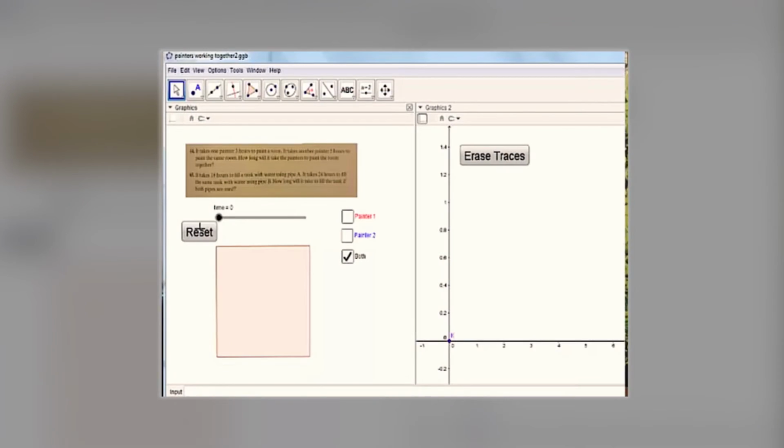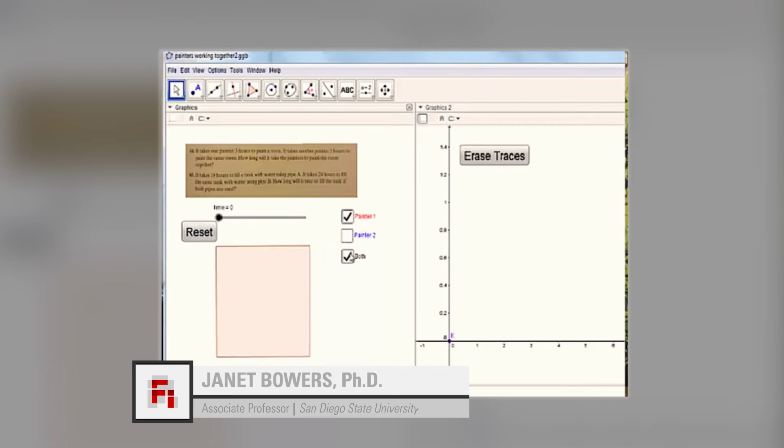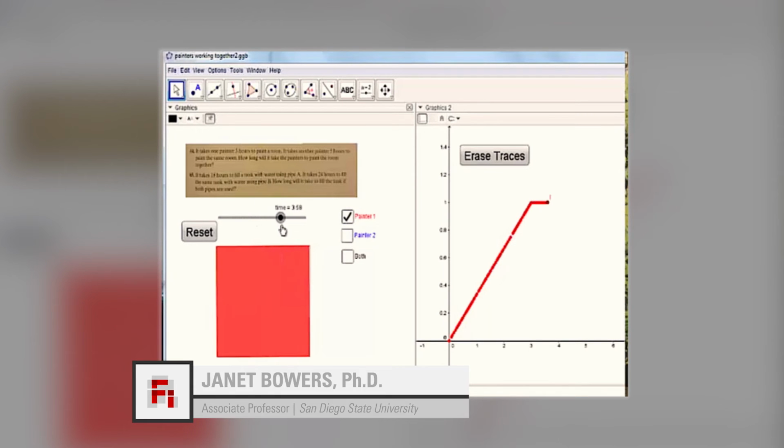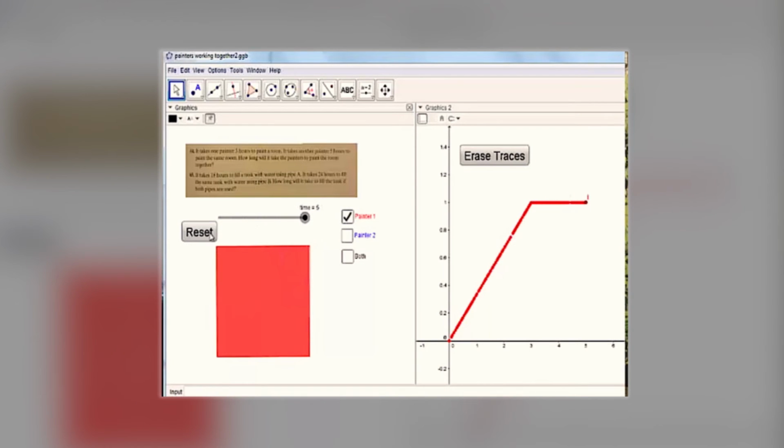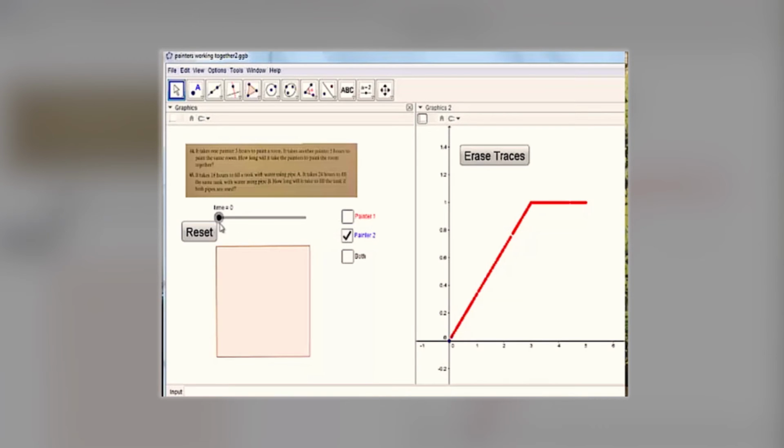This is a work problem applet that I've created. And in this case, you have 2 people who can paint a wall. One paints the wall in 3 hours, a second one paints the wall in 5.